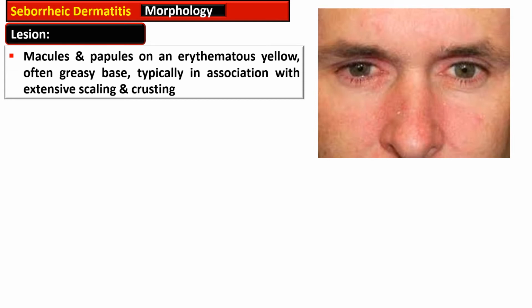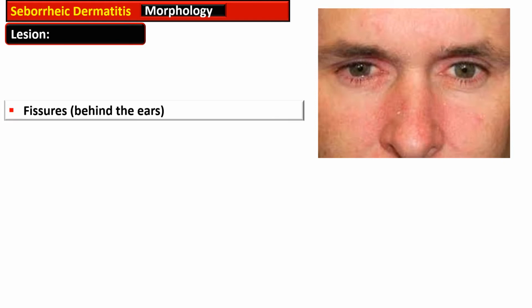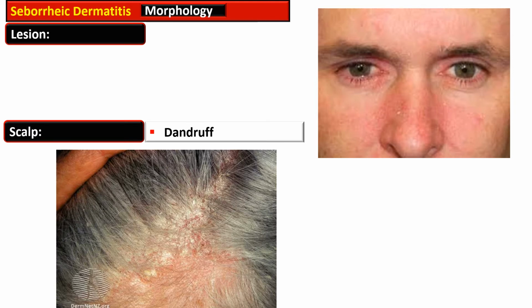This picture is showing seborrheic dermatitis of the cheek, and there is also some seborrheic blepharitis. Seborrheic dermatitis is also associated with fissure formation, and these fissures are especially located behind the ears.